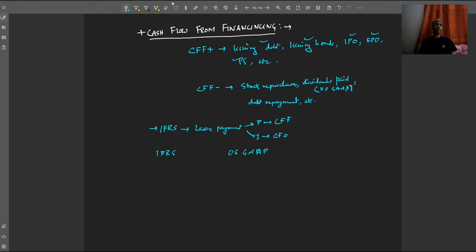Dividends received can be operating activities or investing activities under IFRS, but it is strictly operating activities under US GAAP. Dividends paid can be an operating activity or a financing activity under IFRS, but under US GAAP it is strictly a financing activity.